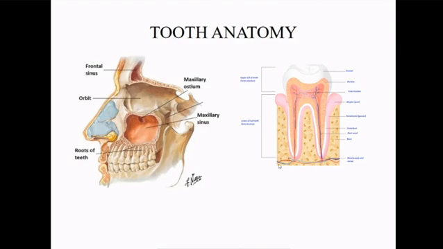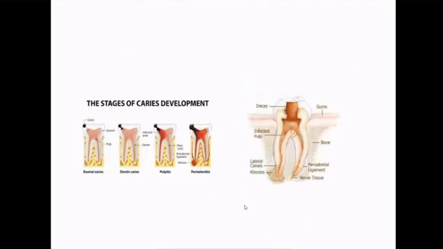Kalau you extract the whole thing, even worse, because bila you extract je, next time you kena buat dental implant. So how much does it cost? Here about 3 to 5,000 per tooth. Kalau you buat root canal, it's much less than that.